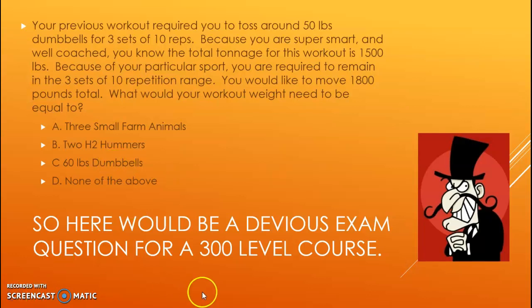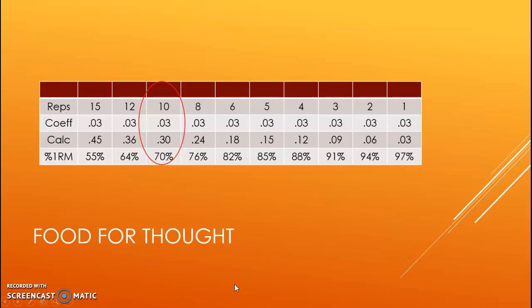So where that takes us is this. When we have this laid out in a spreadsheet coefficient format, you have the number of reps a person completed here, the coefficient 0.03 per rep, and then it gives you the calculated amount for each coefficient times reps. So you have 4 reps times 0.03 gives you 0.12.